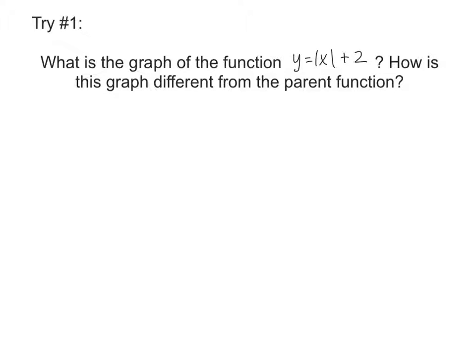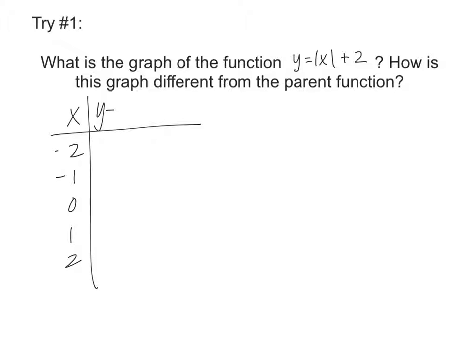In try 1, it says, what is the graph of the function y equals the absolute value of x plus 2? How is this graph different from the parent function? Again, we know that y equals the absolute value of x plus 2 has basically just shifted our graph up 2 on the y-axis. It's still going to surround 0 as an x value, so I'm going to choose -2, -1, 0, 1, and 2.